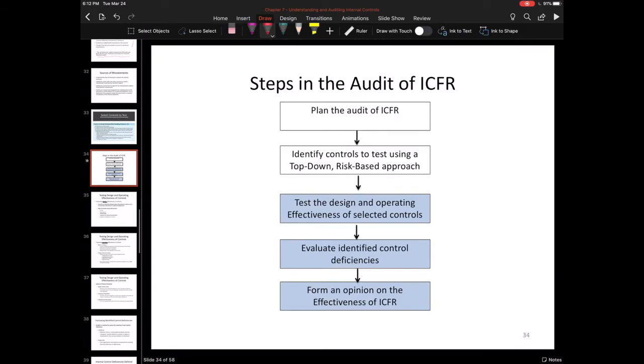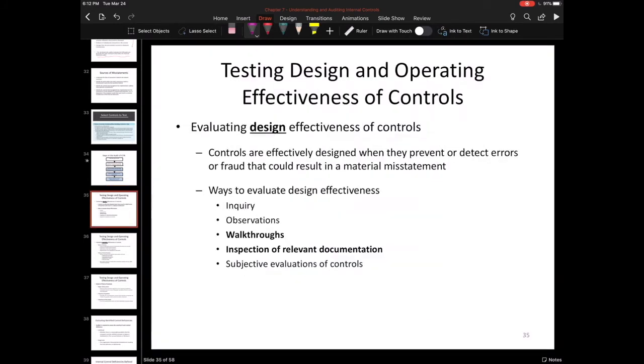Okay, at this point, when I have identified my controls using my top-down risk-based approach, now I want to test their design and operating effectiveness. All right, and so briefly to talk about design versus operating effectiveness. Design effectiveness is essentially based on how the control is written.